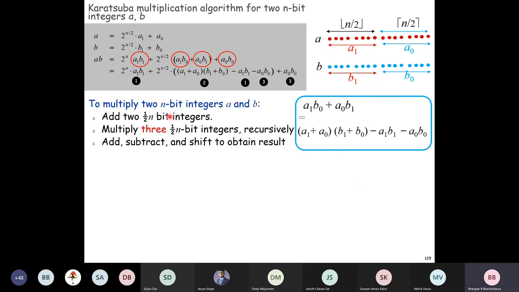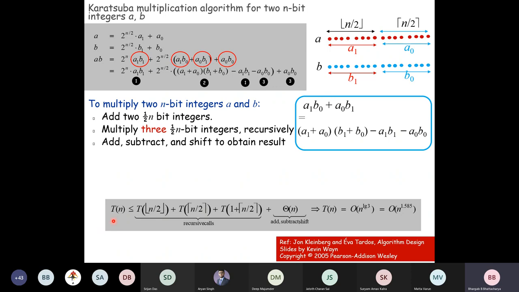It means that to multiply 2 n-bit integers A and B, you need 2 addition processes on n by 2 bit integers, and you need 3 multiplication processes of half the size, recursively, right? And then you need some addition, subtraction and shift, because multiplication by 2 to the power n and by 2 to the power n by 2 is nothing but a shift operation, which can be done in linear time, right?